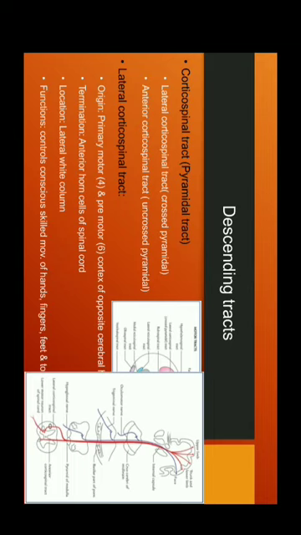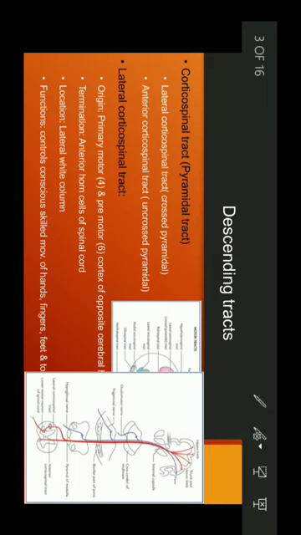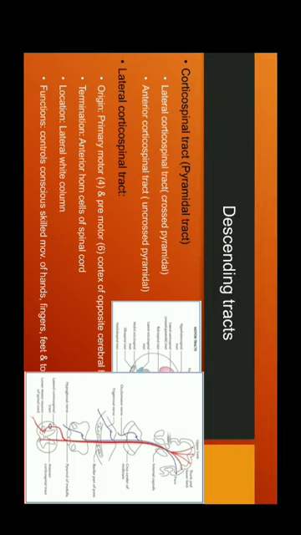Note the point: lesions of the motor tract are divided in two ways, upper motor neuron lesion and lower motor neuron lesion. You will come across this when you talk about clinical aspects. An upper motor neuron lesion means a lesion above the motor neurons of the spinal cord, the anterior horn cells.